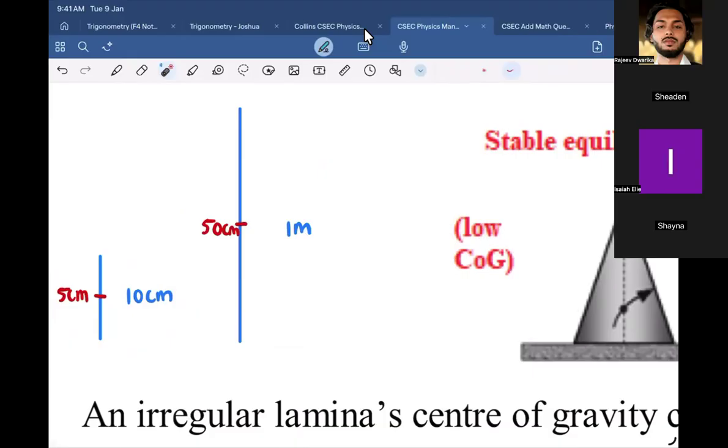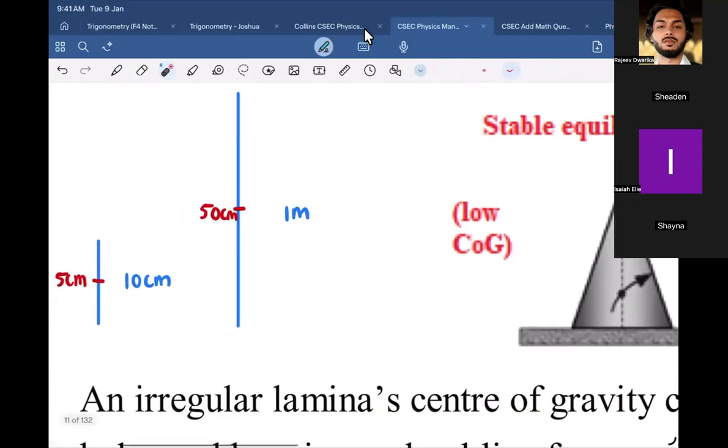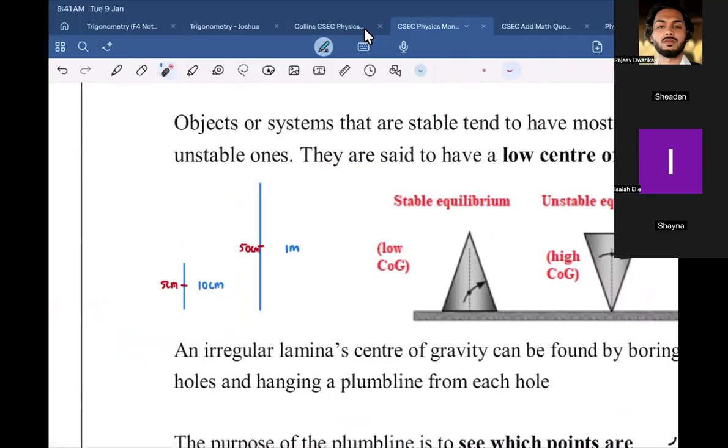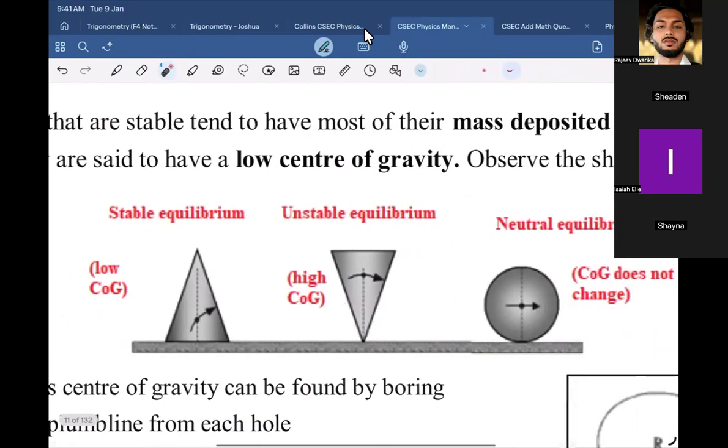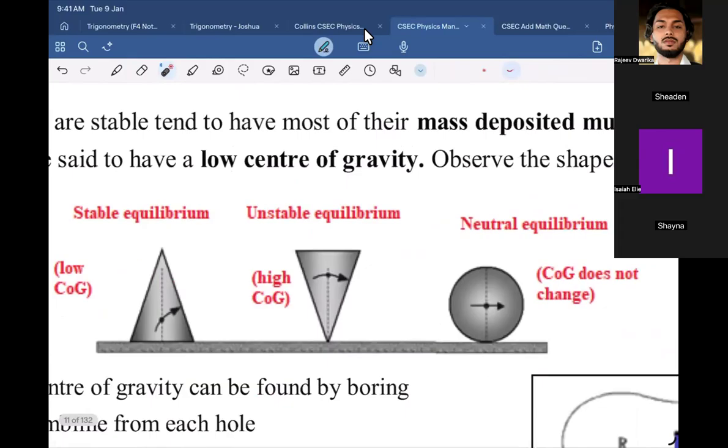Exactly. And so we see an object has stable equilibrium when it has a very low center of gravity, because there's a low chance of it toppling over. That makes sense.